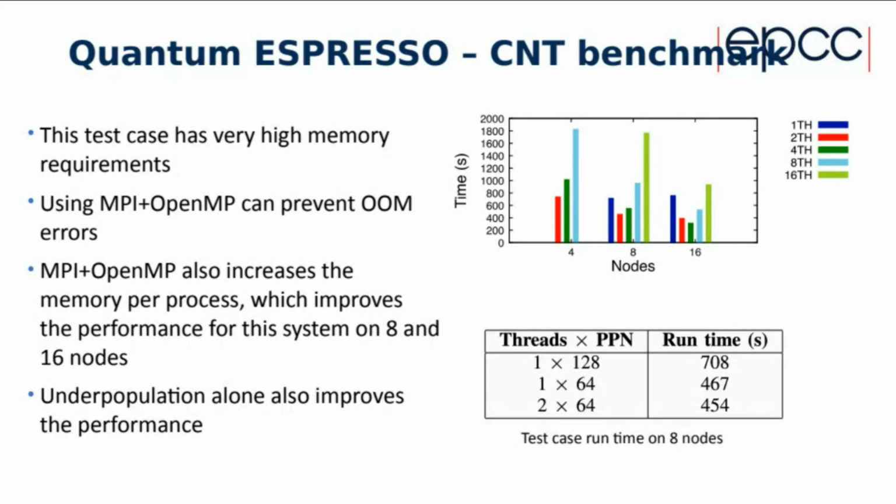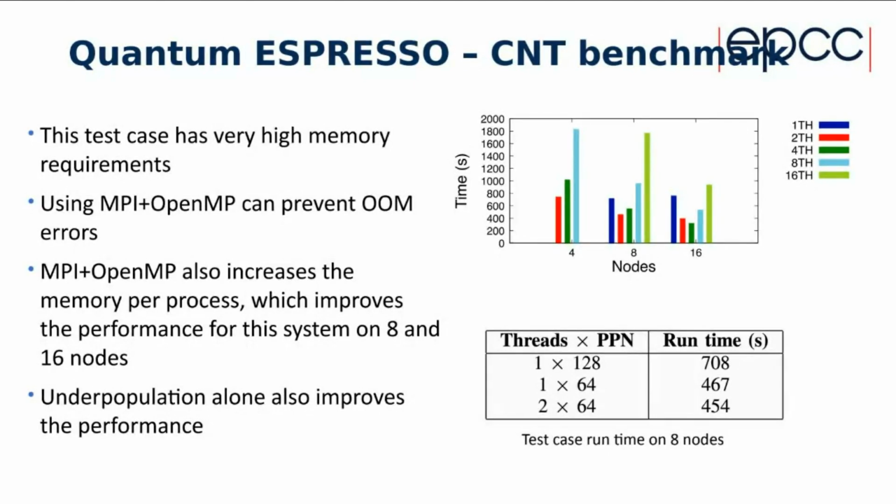In this table, I've given the runtime on 8 nodes. If you use MPI alone, with 1 thread and 128 processes per node, the runtime is quite poor.